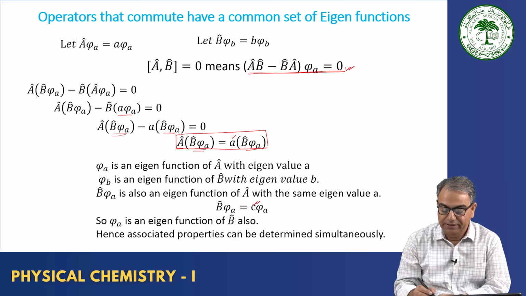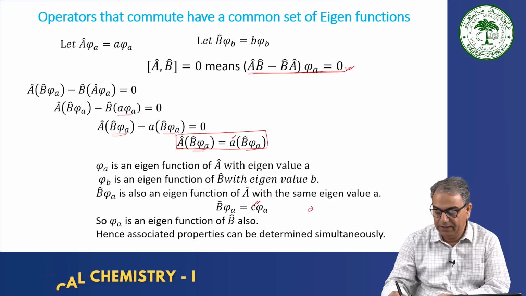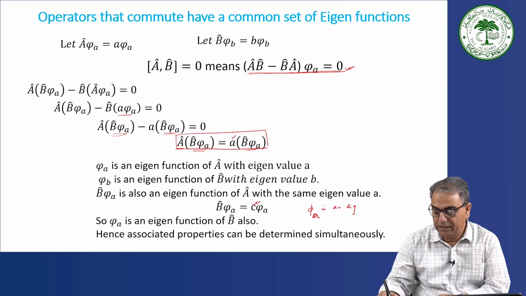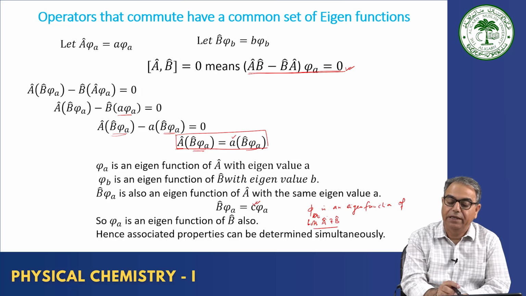What we proved is that phi A is an eigenfunction of both A and B. Hence, if it is so, then A and B are commuting.